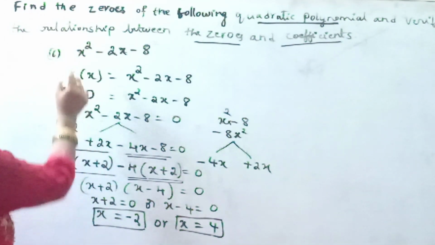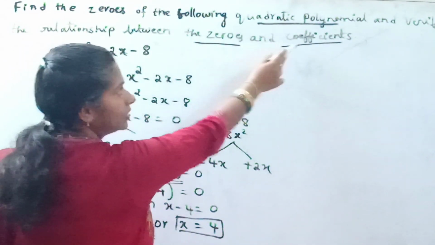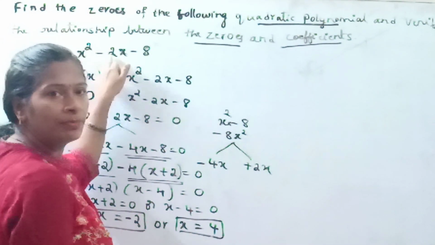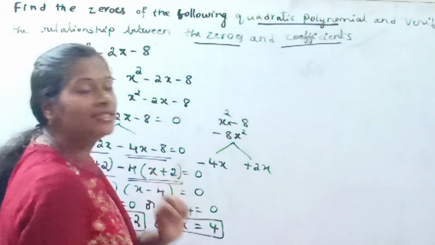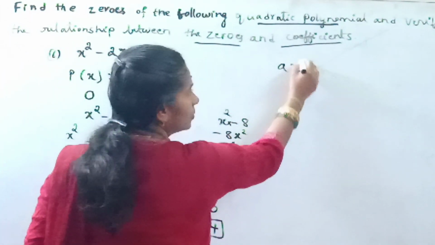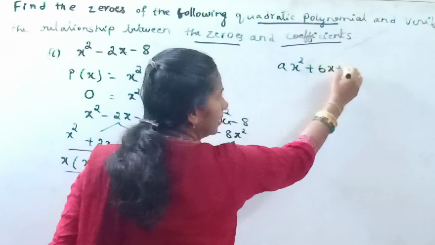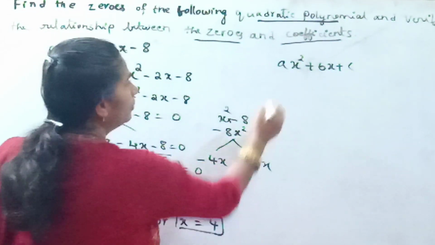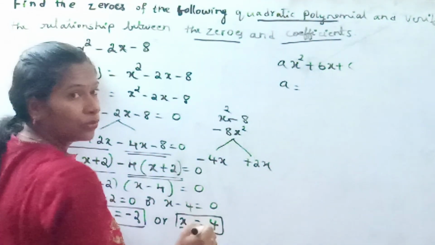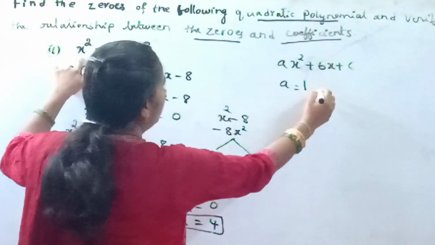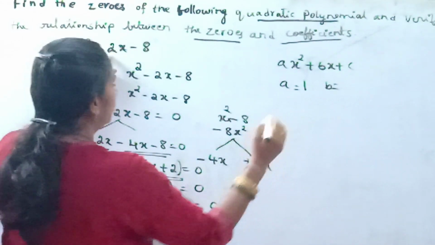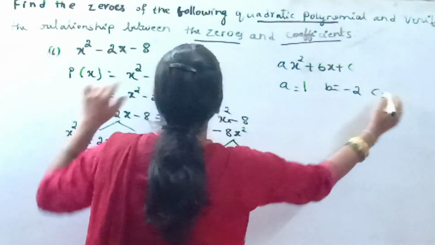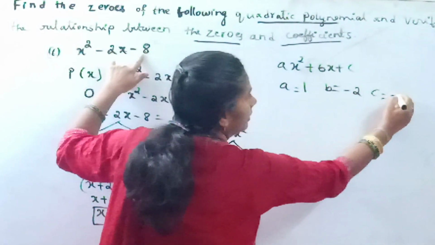Now we have to find the relationship between the zeros and its coefficients. So we have to compare this given quadratic polynomial with its standard form, that is ax square plus bx plus c. So comparing with the standard form of a quadratic polynomial, we will get a is equal to coefficient of x square, it is 1. b is equal to coefficient of x, that is minus 2, and c value is constant, that is minus 8.